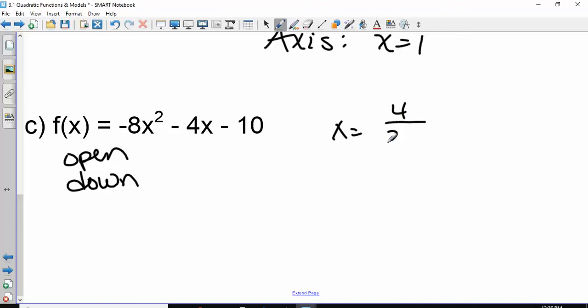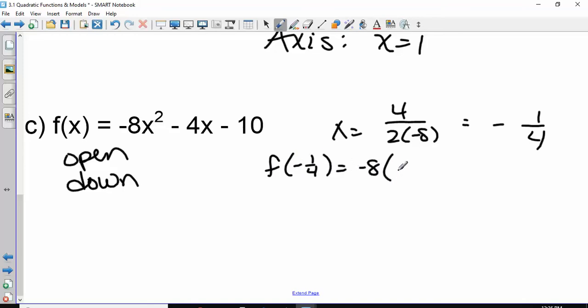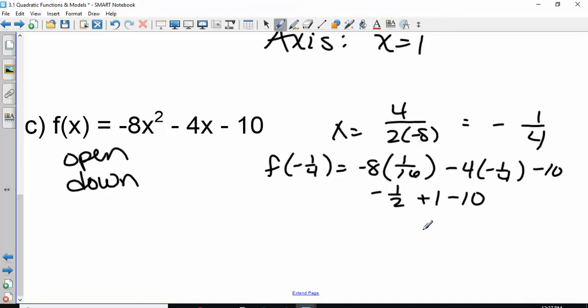Opposite of B over 2A. Did you guys get negative 1/4? So now we have to plug that in. Negative 1/4 squared would be 1 over 16. So we get negative 10.5.